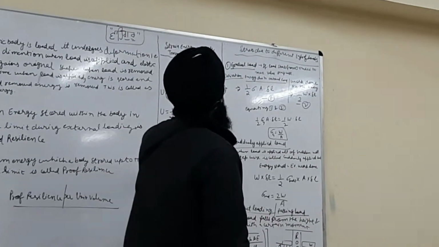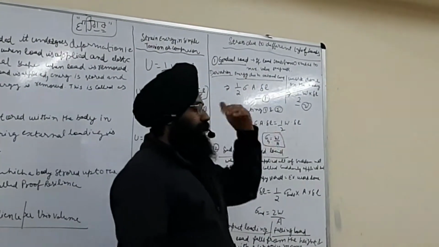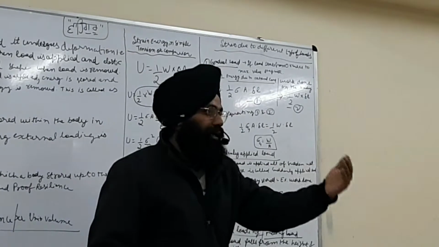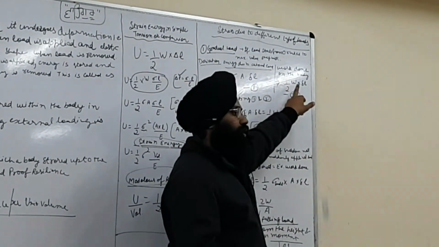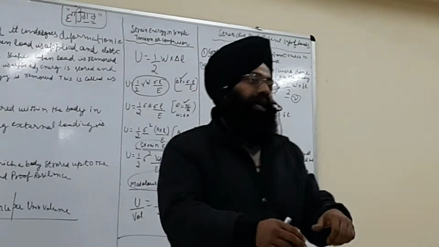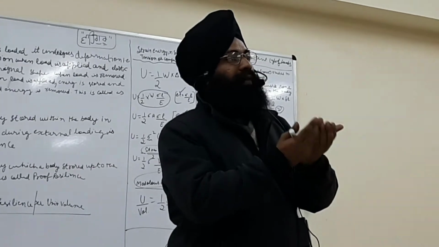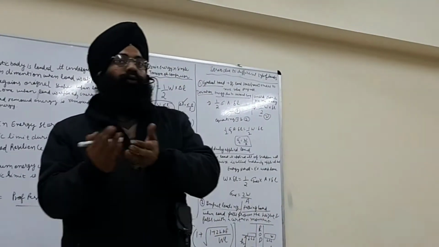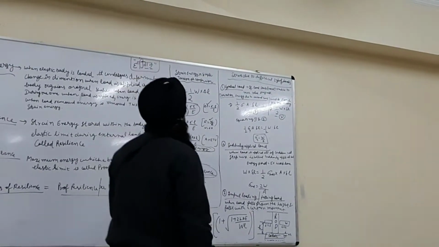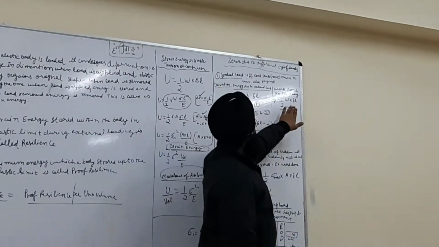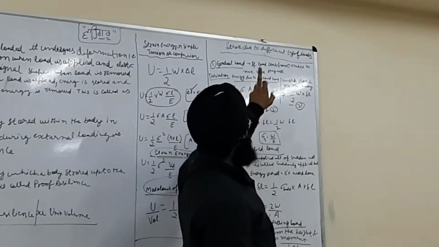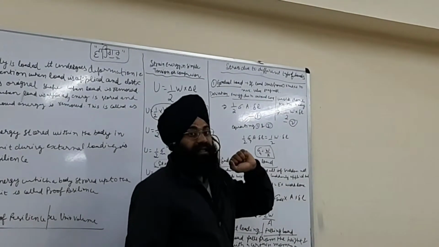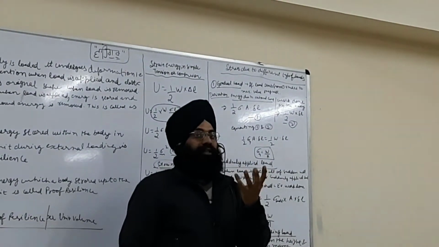At that time, the energy due to the external load must be equal to the work done on the body. So equating these 2 equations gives a relationship for the stress due to the gradual load.